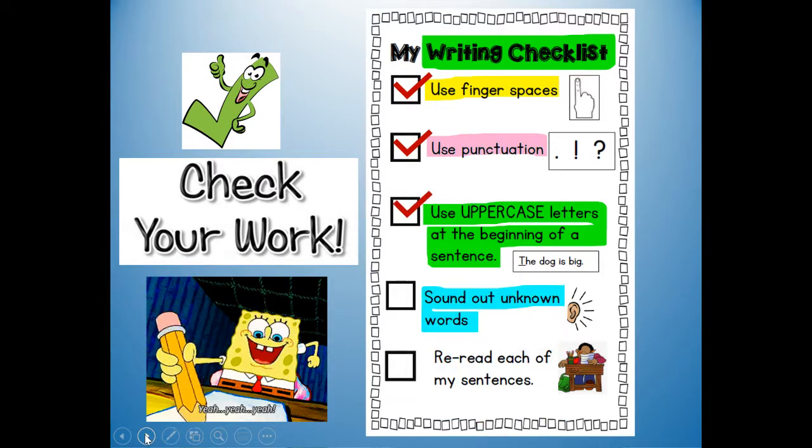And did you sound out unknown words and write those sounds? And then my favorite, reread each of your sentences to make sure they make sense. If you need to make any changes, push pause right now, make changes according to this checklist, and then when you're finished, push play.